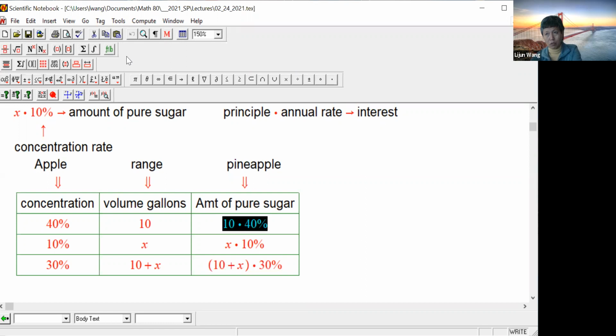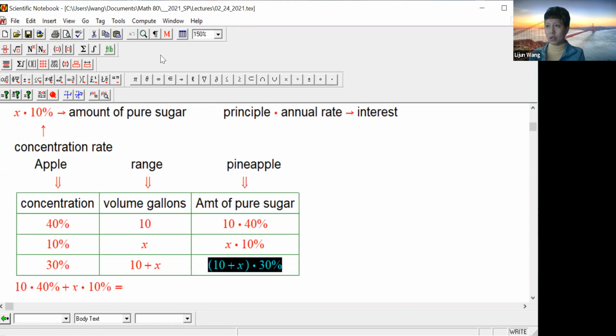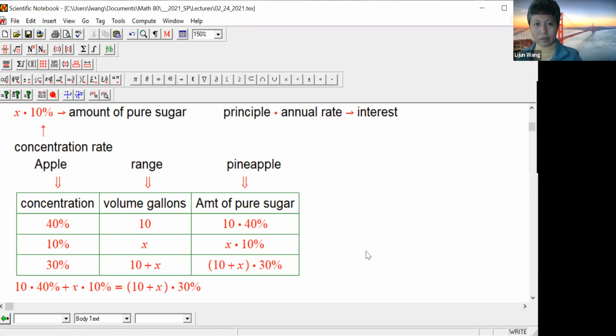So this pure sugar and the other pure sugar, that's before, and we put them together, we're adding them, it should be the same as the amount of pure sugar in the final solution. This is the equation. So all of this analysis we do is for this moment.